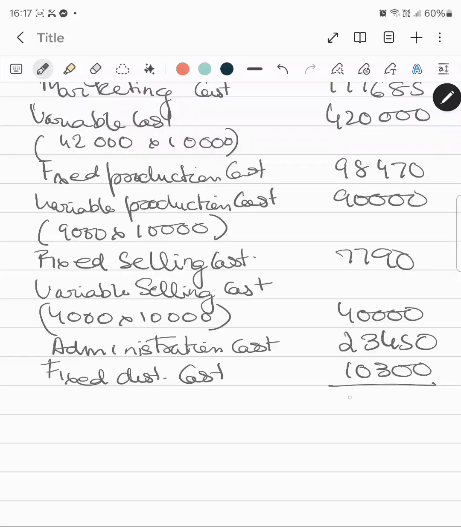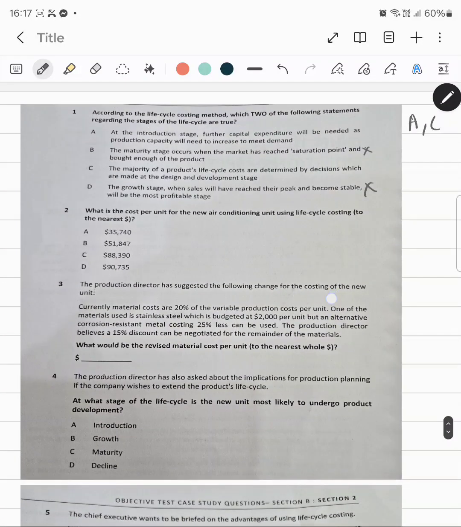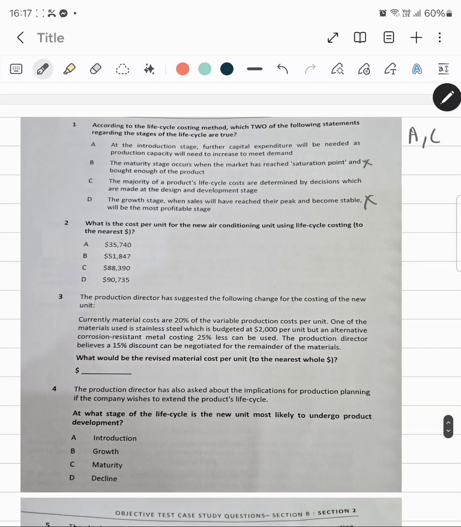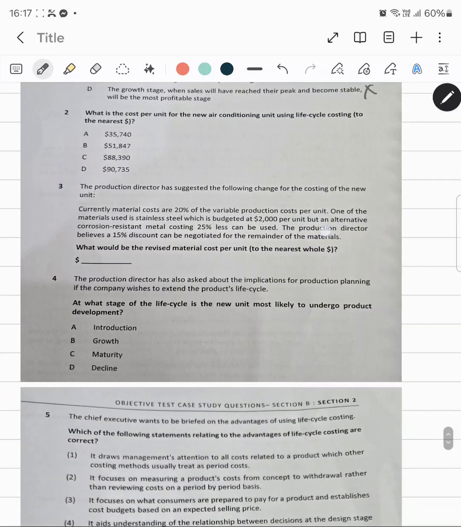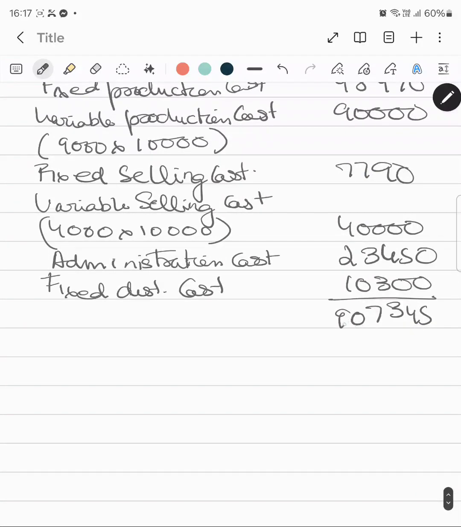And I get my answer as 907,345. Now how did I make it out that my answer is incorrect? Because I could see that my per unit cost will not match from any of the four options, and this is how I figured out that I'm doing some calculation mistake. So this is my cost. Now if I need to convert it into thousands, then it will be 97345, and I'll have zeros.